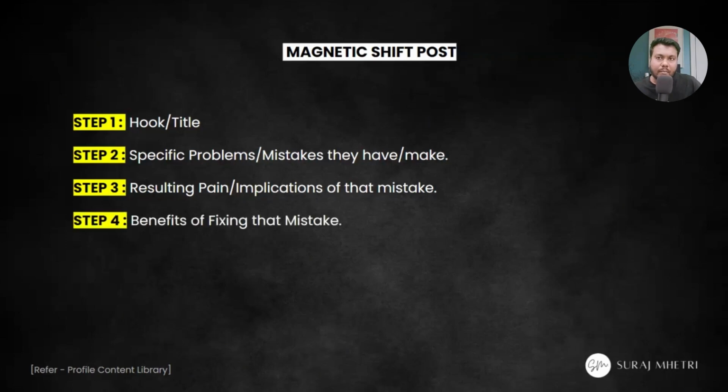Okay. In step number 4, now write down the benefits of fixing that mistake, benefits of solving that problem, right? What would be the benefits and results of solving those pain points? What will happen when they solve the problems and the pains that we talked about in step 2 and step 3? When they fix this mistake, what benefits and what results do they experience?